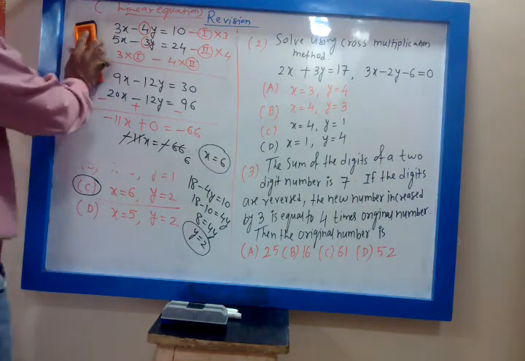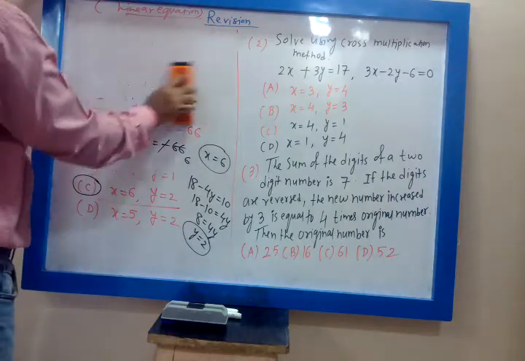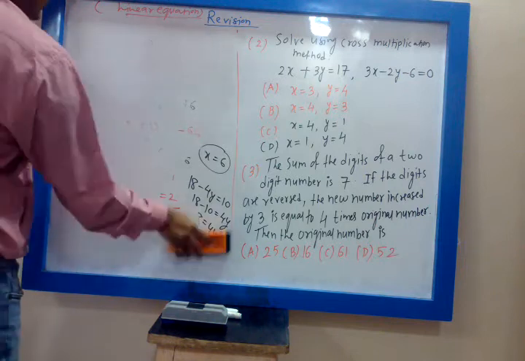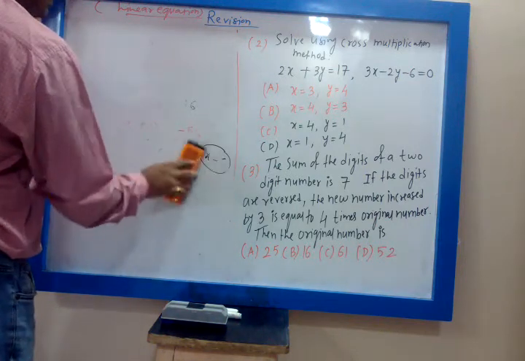So everybody is giving the answer B. B means x is 4, y is 3.